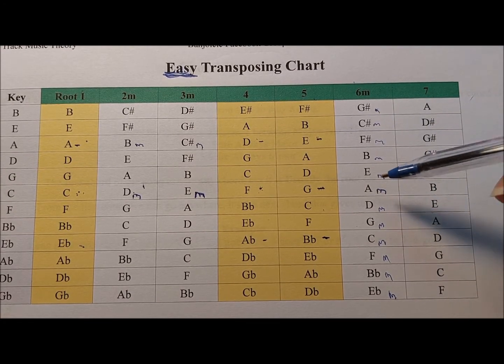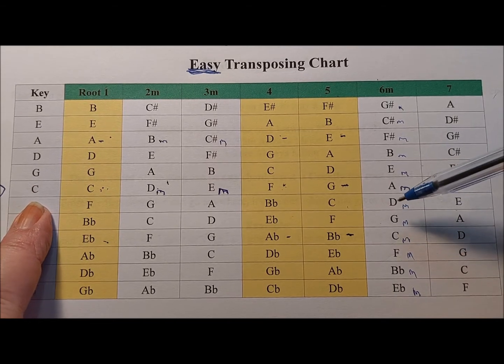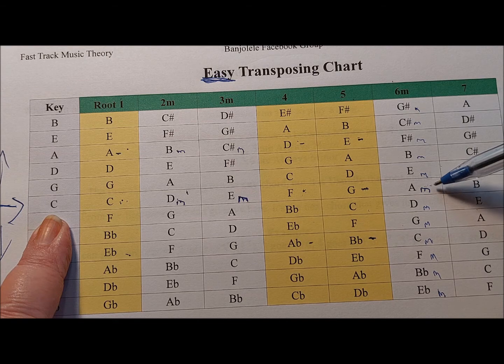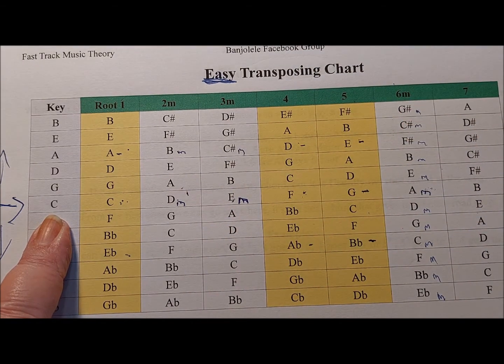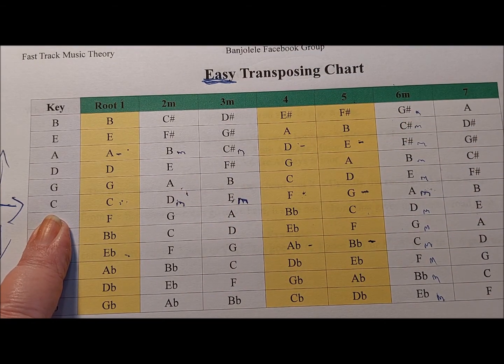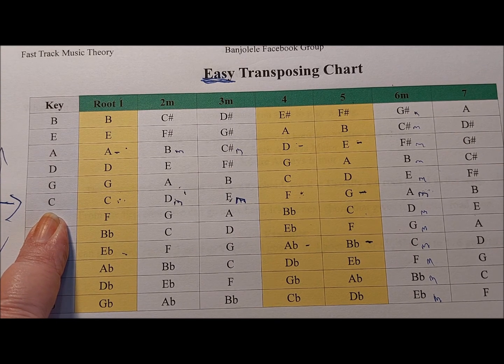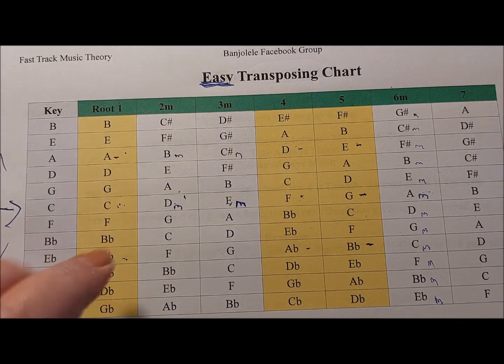So I could have the C key, same key signature saying there's no sharps or flats for C, but I might be playing A minor, D minor, E minor. Because I'm playing the same scale, but it's relative minor. Okay, I hope that makes sense.